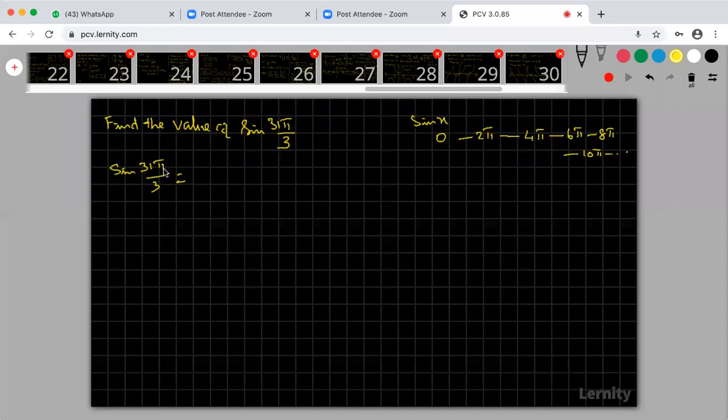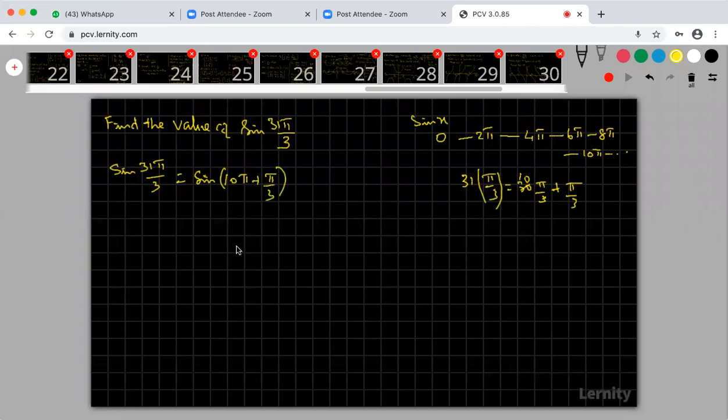You can take it as 30 times pi by 3 plus 1 times pi by 3. What about this 30 times pi by 3? You cancel it, you will get 10 pi. So I am going to write this as 10 pi plus pi by 3.